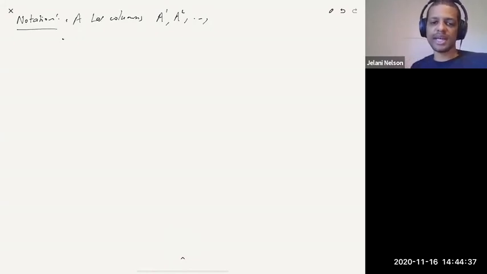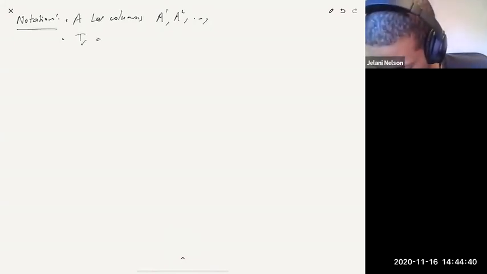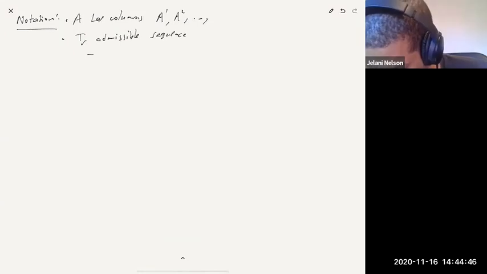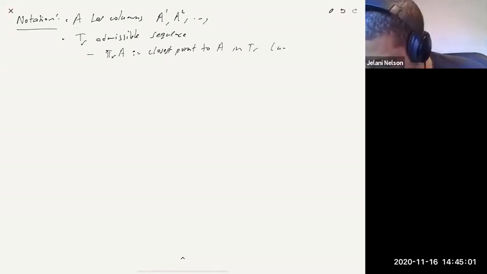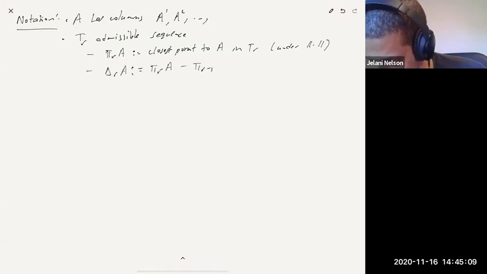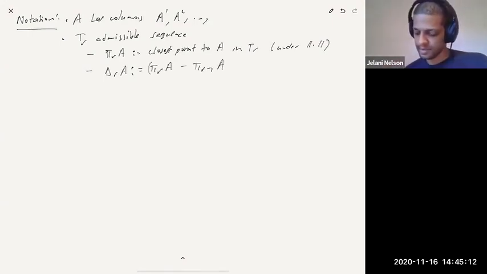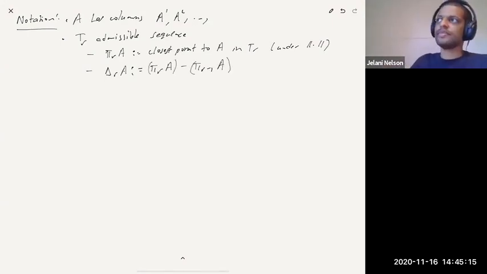And then the other thing I want to say is, if T_r is an admissible sequence, then pi_r A is defined to be the closest point to A in T_r under operator norm. And delta_r of A is defined to be pi_r A minus pi_{r-1} of A. Okay? So that's it for notation.